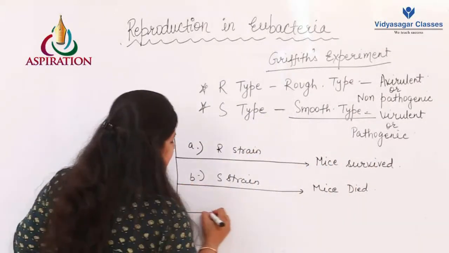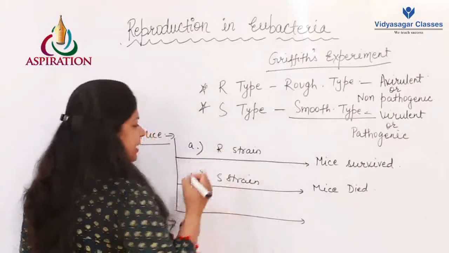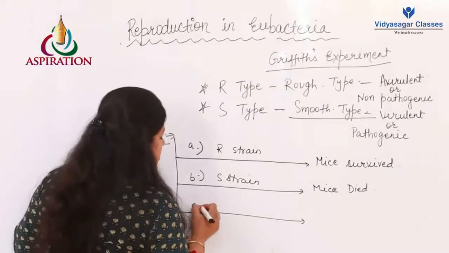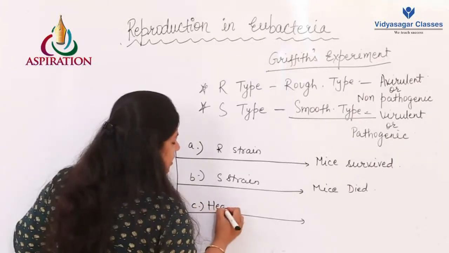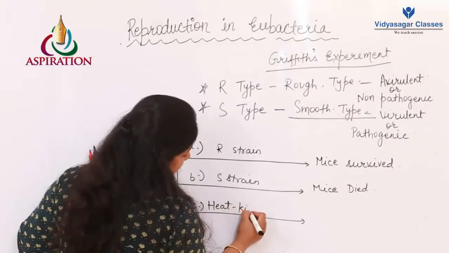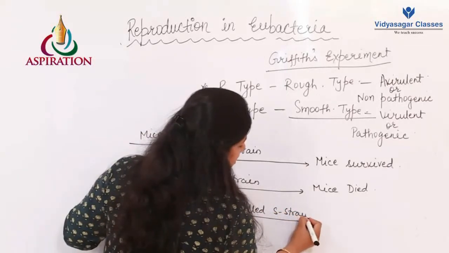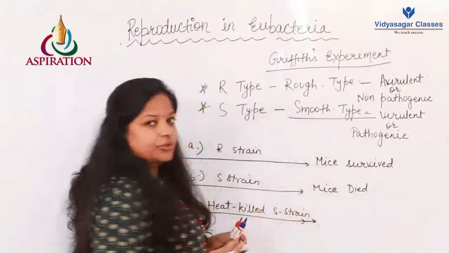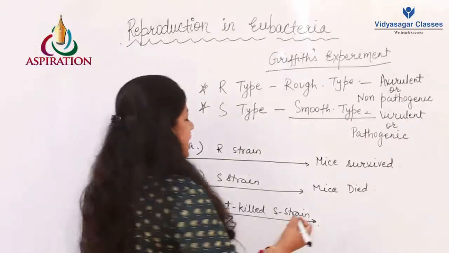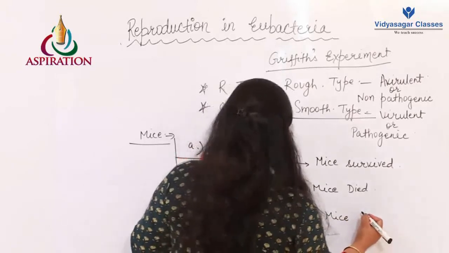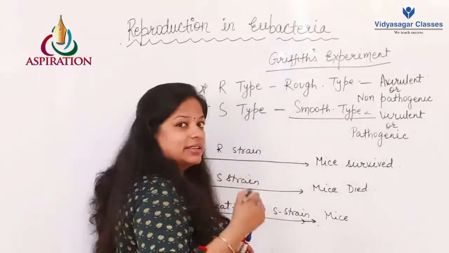In the third step, he killed the S strain by applying heat. So heat killed S strain was introduced in the mice, and the mice survived.